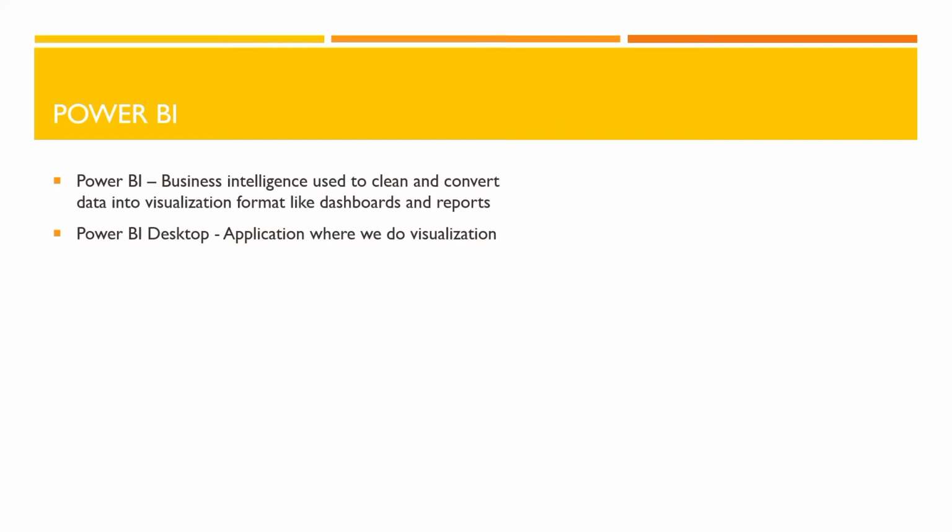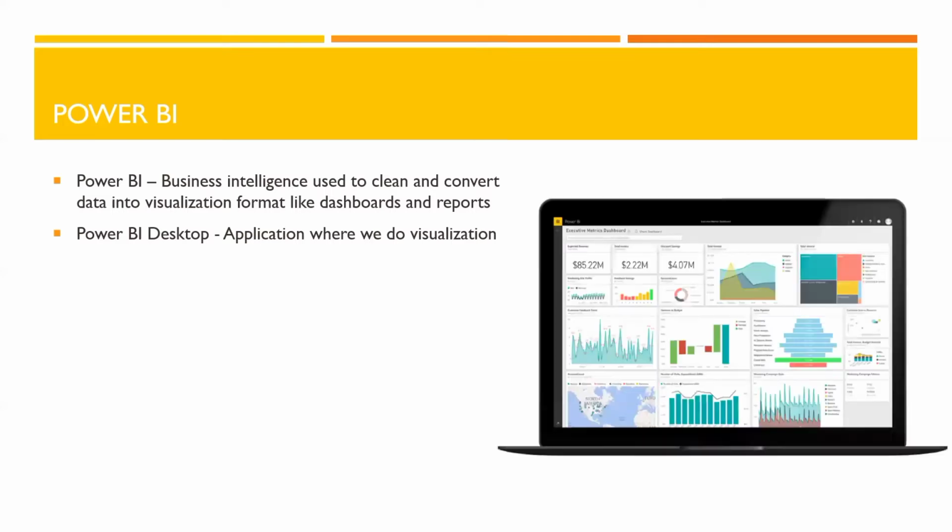Whether it is an Excel file, JSON file, text file, anything, with one look, we can't find things. But if it is a dashboard like this, you can easily identify whether the organization is making progress or whether a particular product is trending or not. So that is the use of Power BI.